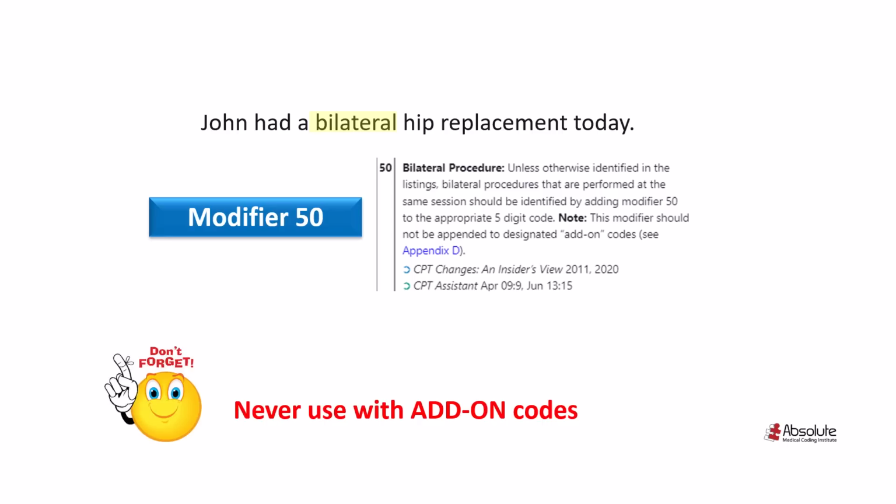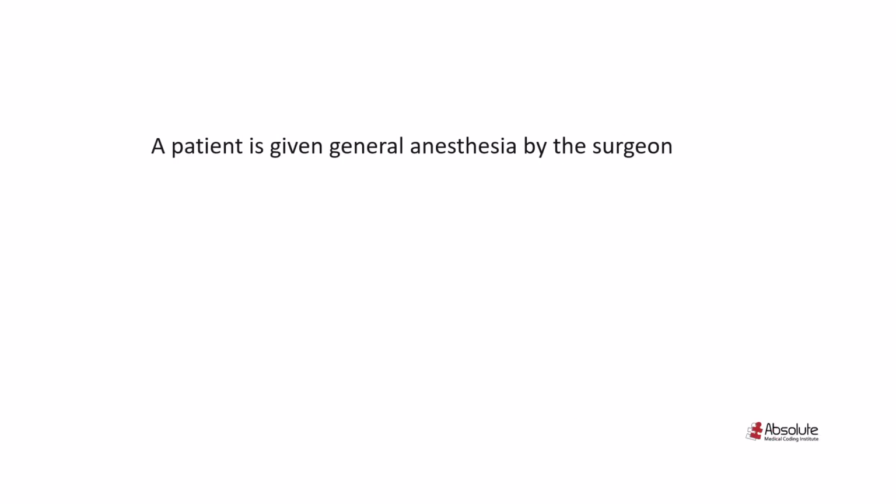Okay, I got another one. A patient is given general anesthesia by the surgeon. Okay, coders, go ahead, put your answers in the chat. Which modifier? All right, so our key term is general anesthesia by the surgeon.